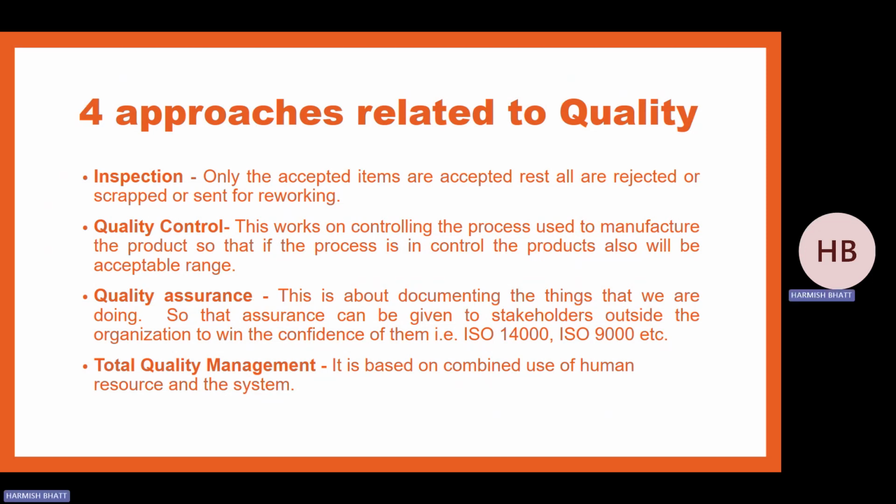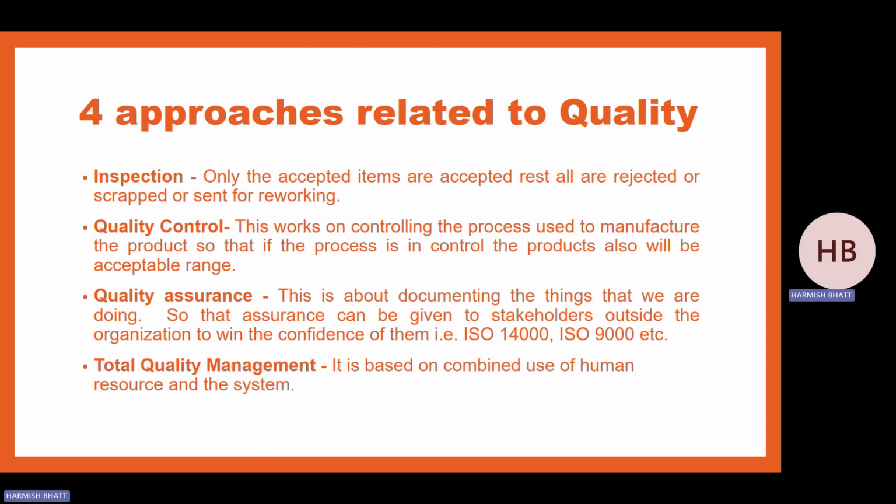When we compare quality control with inspection, quality control works on controlling the process used to manufacture the product, so that if the process is in control, the products also will be in the acceptable range. So quality control has a broader idea than inspection.